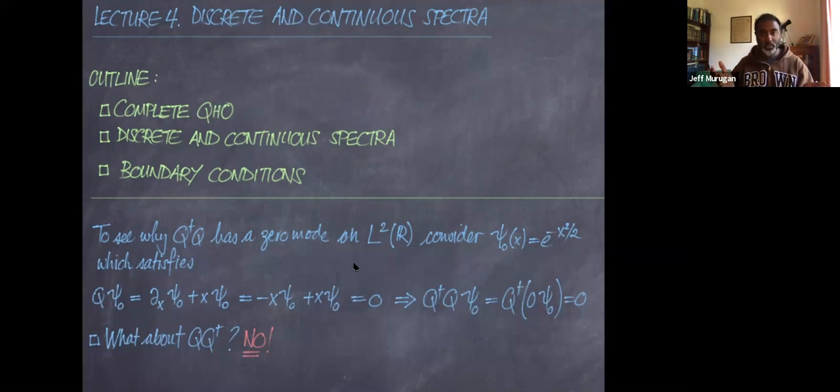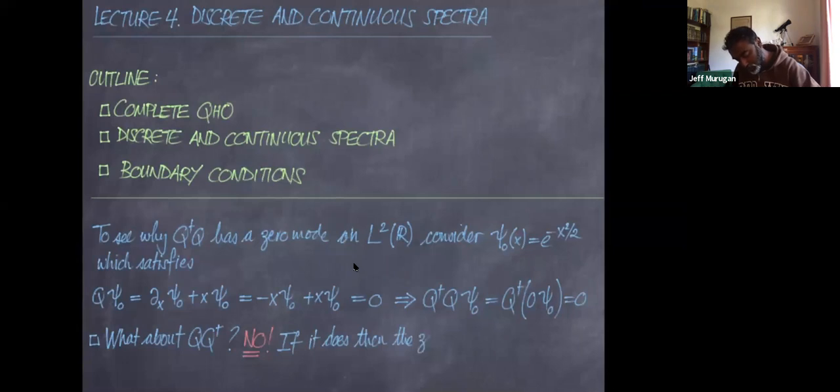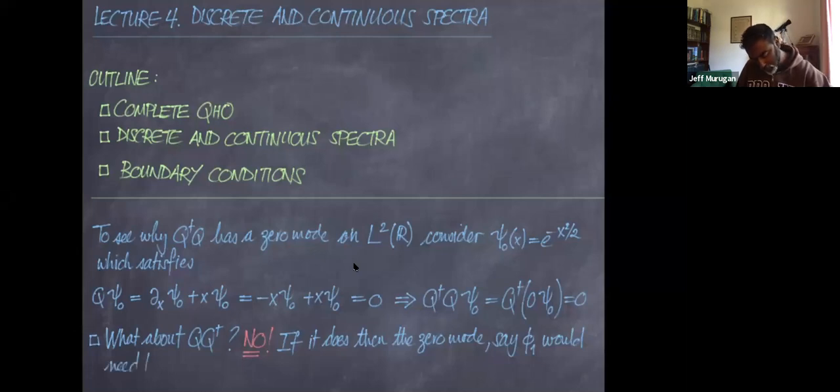We've just shown it's a Gaussian, right? Now, if Q dagger does have a 0 mode, whatever it is, let's call it phi 1, then phi 1 would need to satisfy that Q dagger phi 1 must equal 0.